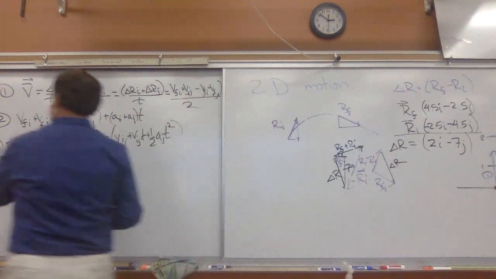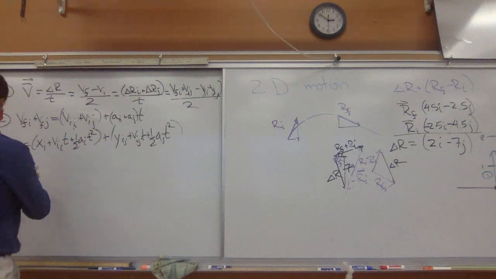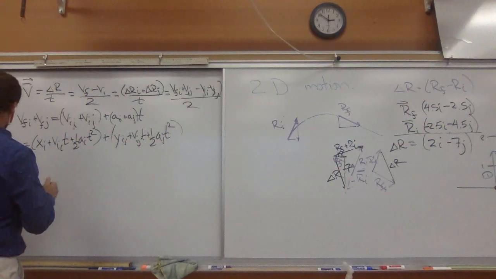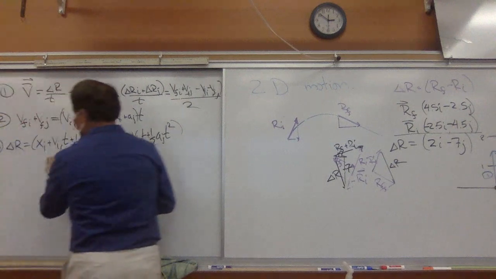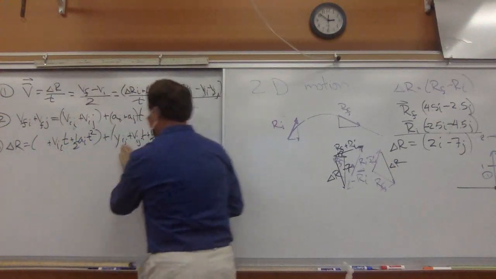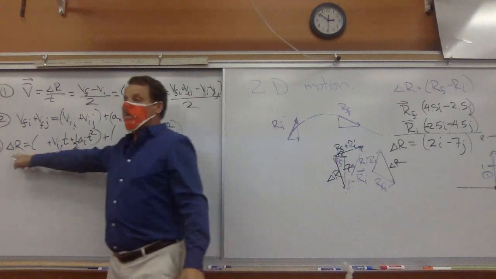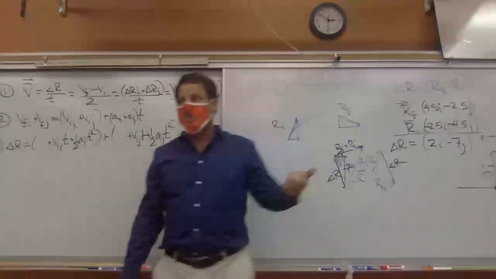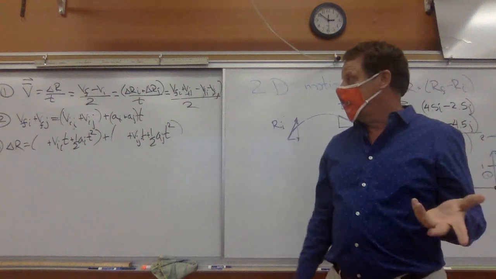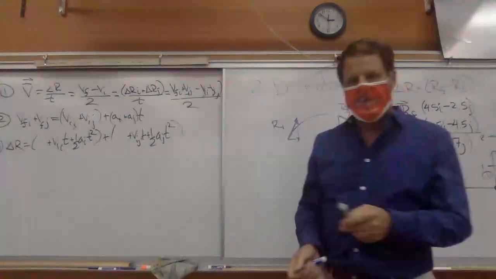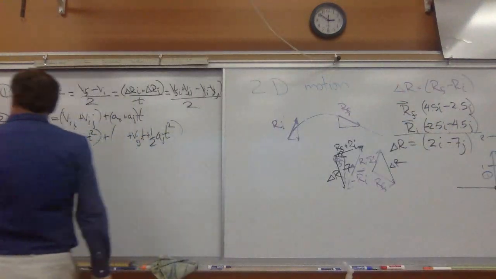Okay. Now, if we were to just quickly say delta R like that, then we can get rid of these components, because this is already saying the change, and then depending on where we started. Does that make sense? Okay.